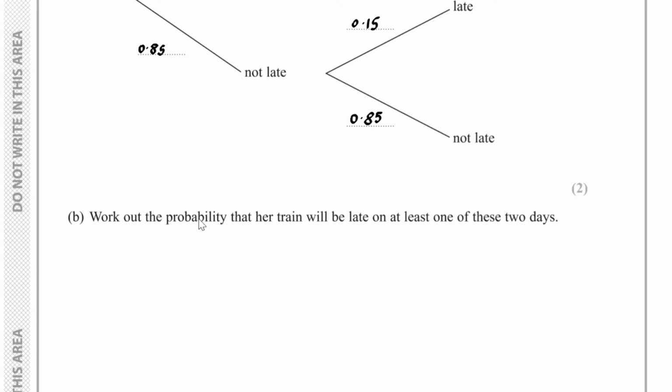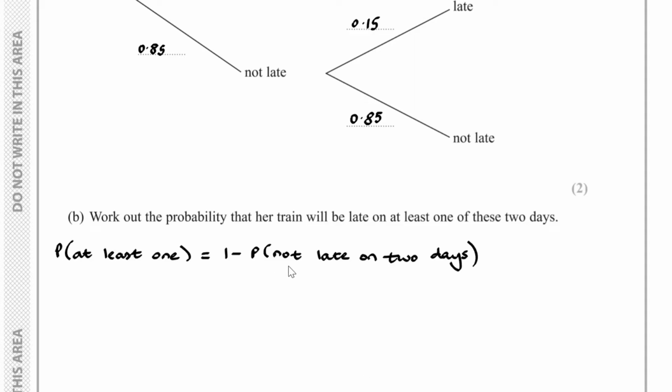And for part B, we have to work out the probability that her train will be late on at least one of these 2 days. So the probability that she's late on at least one of these 2 days is given by 1 minus the probability that she's not late on 2 days. So we have 1 minus the probability that she's not late on a Thursday, which is 0.85, and also not being late on a Friday.